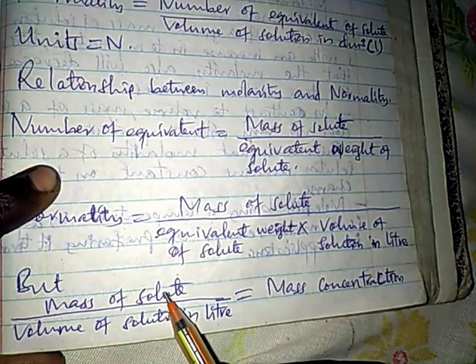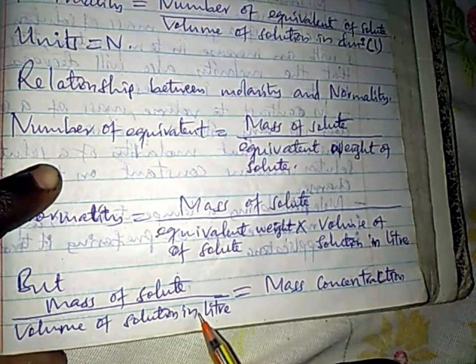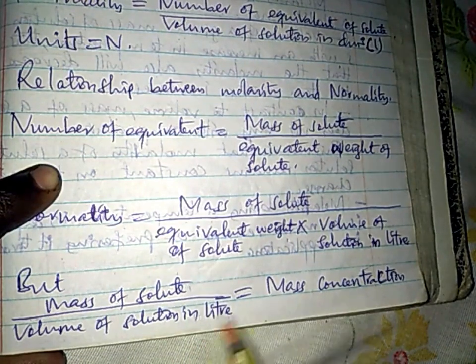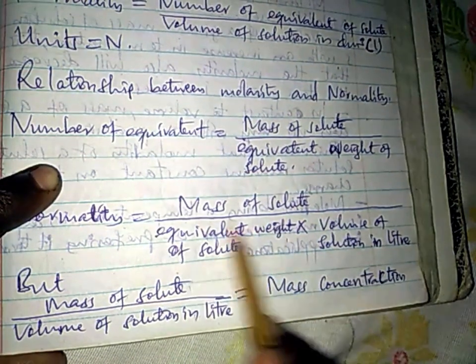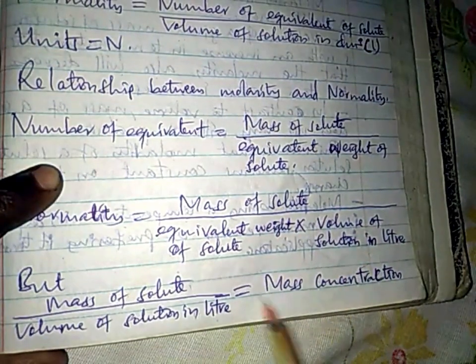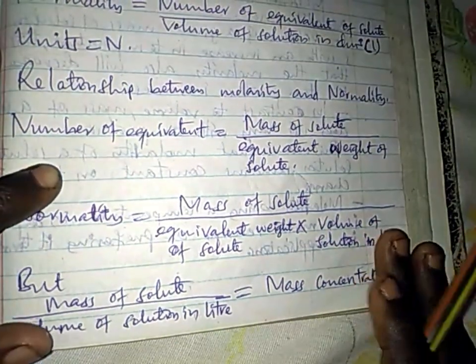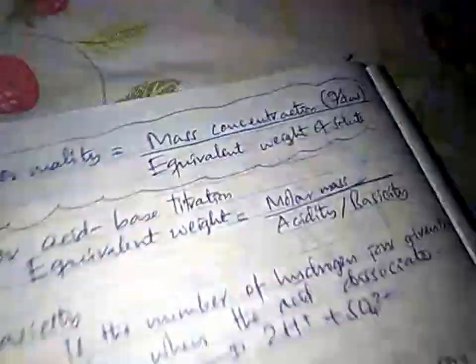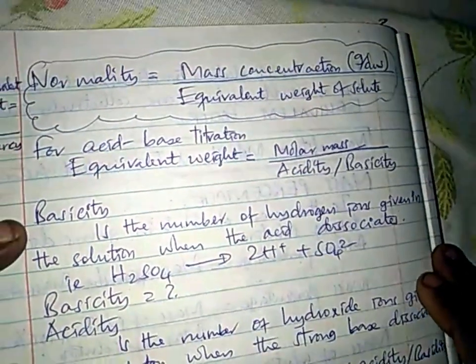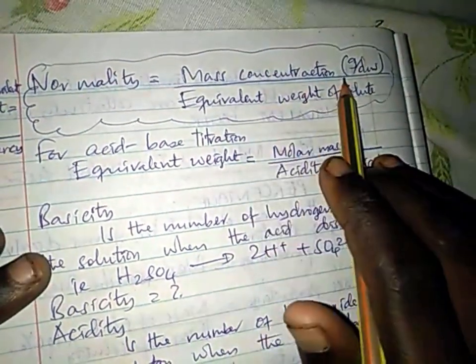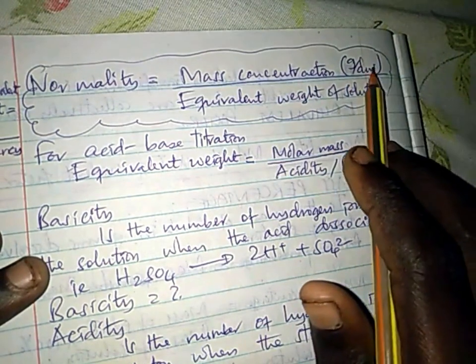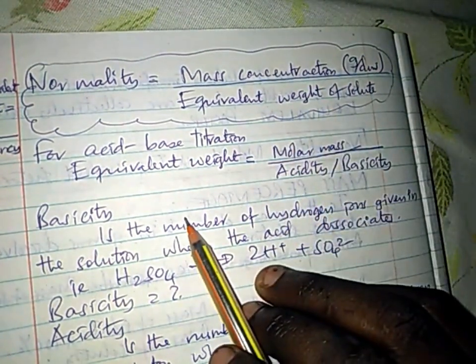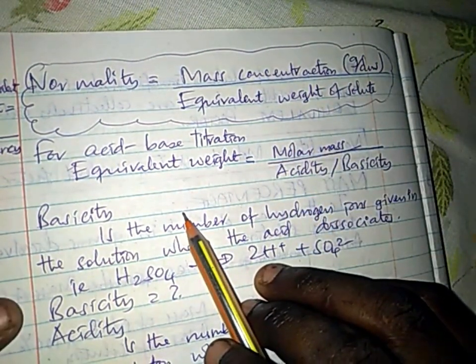Now we know mass of solid divided by volume of solution in liters is mass concentration. So now normality will be equal to mass concentration divided by equivalent weight of solid. So normality is equal to mass concentration in gram per dm cube divided by equivalent weight of solid.